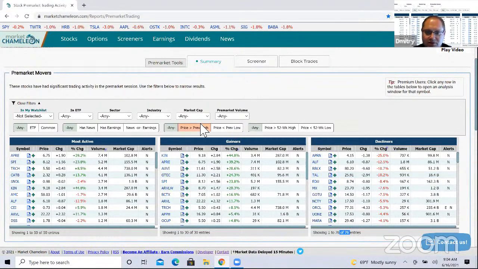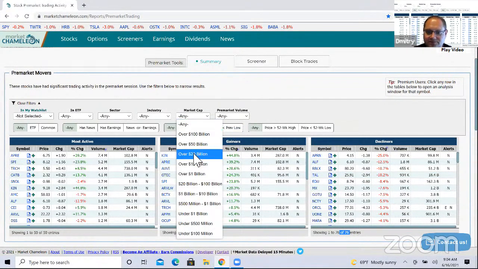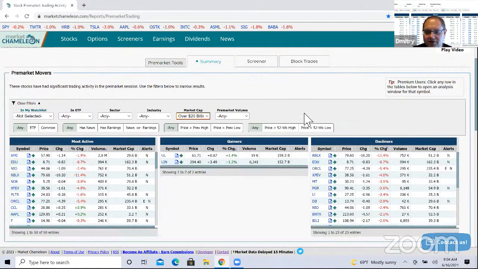I'm also going to look at the higher market cap stocks, 20 billion or higher. Here we see 2 on the percentage gainers list, 23 on the percentage decliners list. Again, not a huge list of stocks, but still tilted towards a bearish bias at the open.